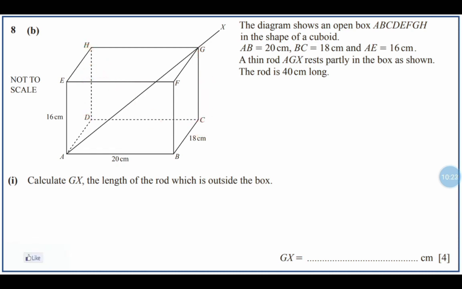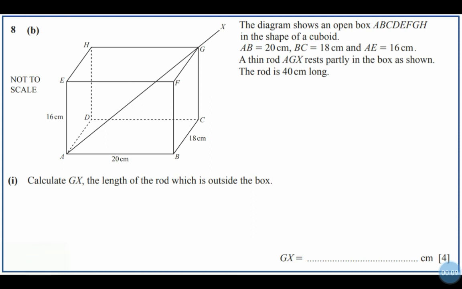Calculate GX, the length of the rod which is outside the box. Remember, AB is equal to 20 centimeter, BC is equal to 18 centimeter, and AE is equal to 16 centimeter. Rod AGX rests partly in the box as shown. The rod is 40 centimeter long.